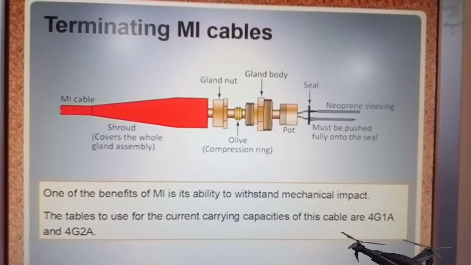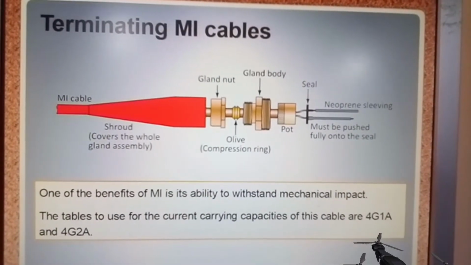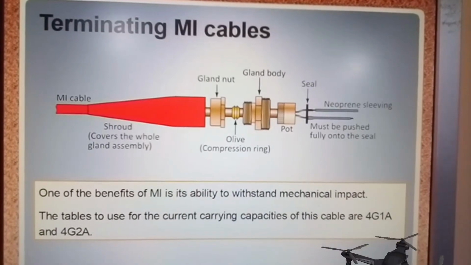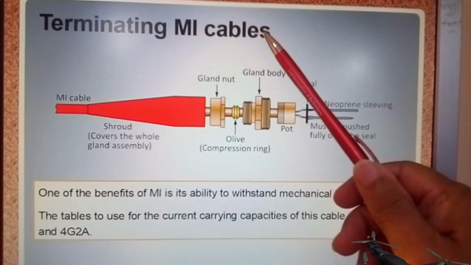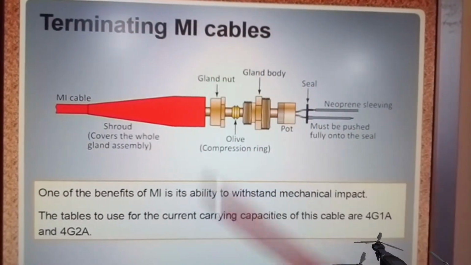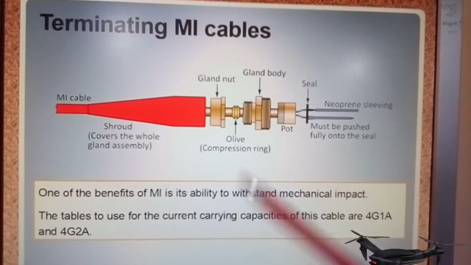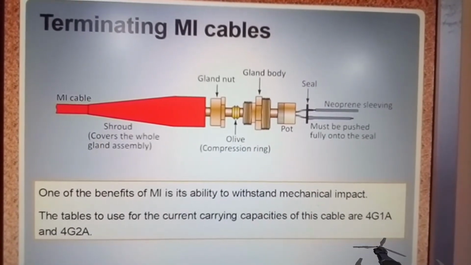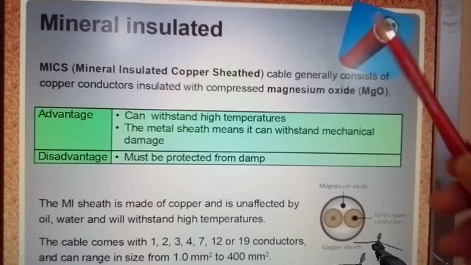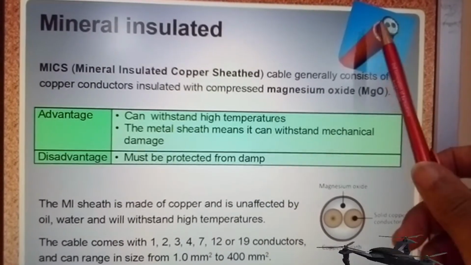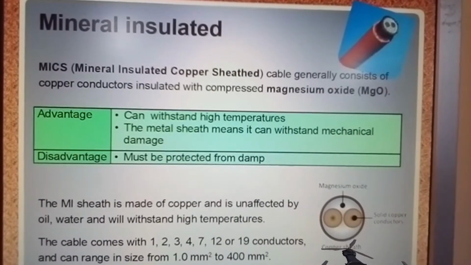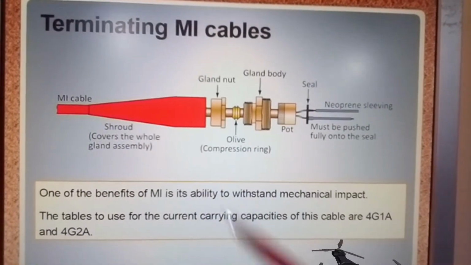Now here's where we have, this is terminating MICC cables, okay? It is for terminating MICC cables. This is what we will need to do to this cable, okay? So this cable here is now this termination here.